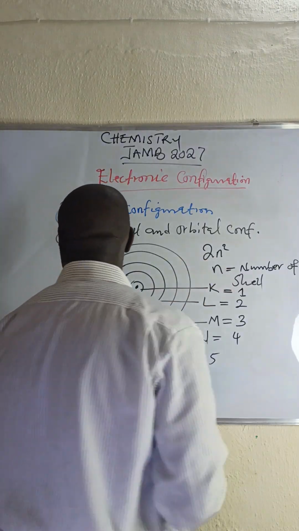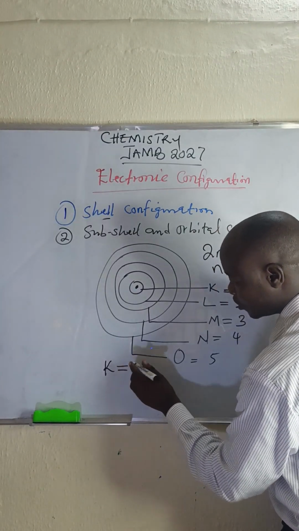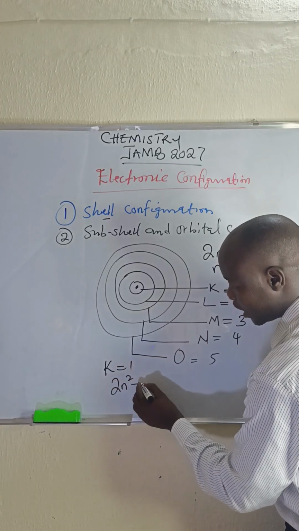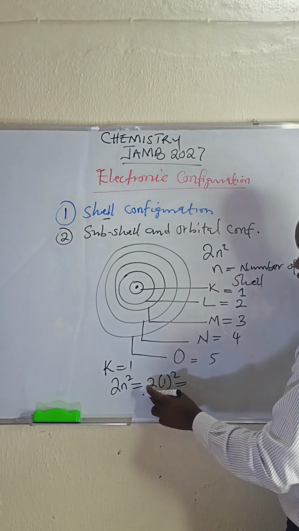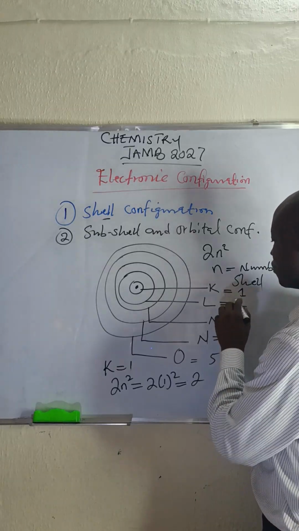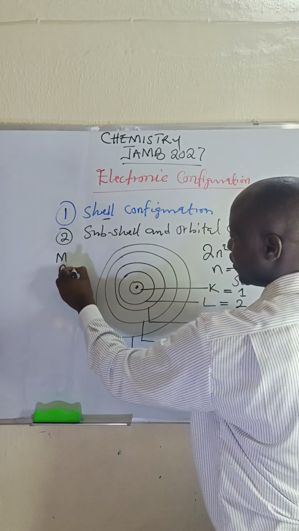For example, for K shell, n is equal to 1. So we have 2n square, which is 2 times 1 square. 1 square is 1, and then times 2, we have 2. Then for M shell, the n value is 3.